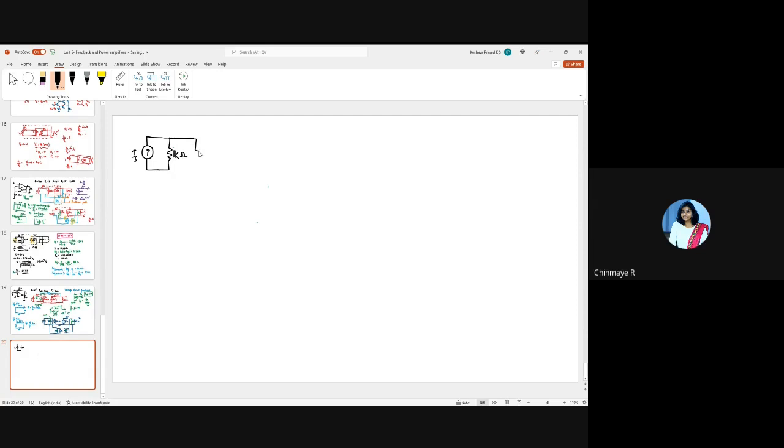And then 1 mega ohm due to the feedback resistor here. And then you have 100 kilo ohm here. Let VI be the voltage across it.